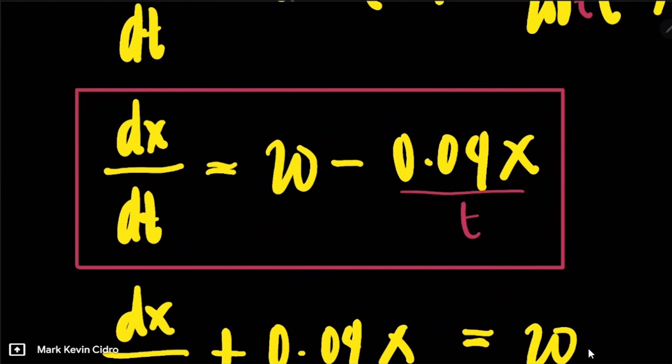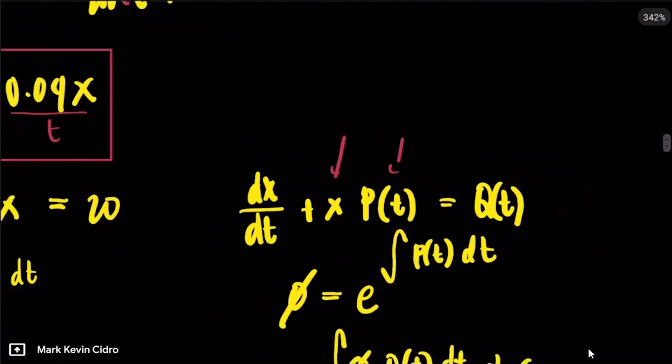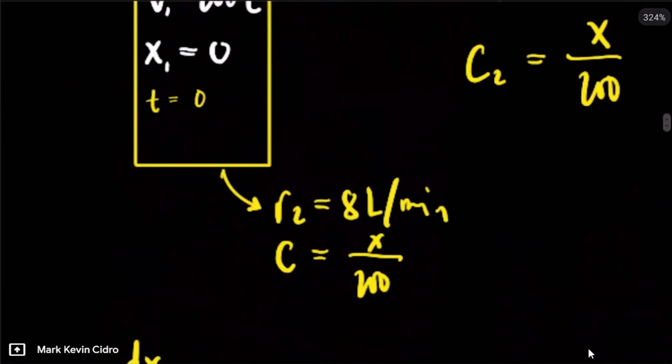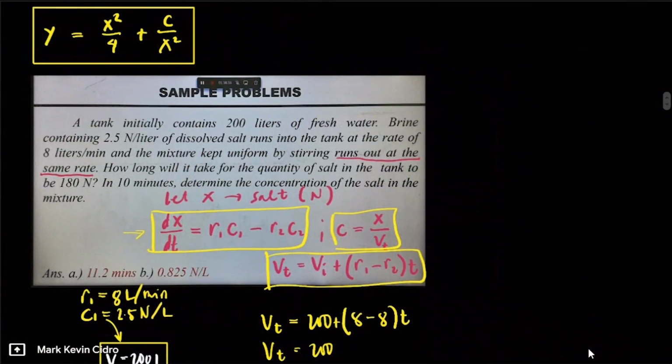That is why I approached it as linear. Sometimes you can solve this type of problem using variable separable, but all of the time you can solve it using linear.